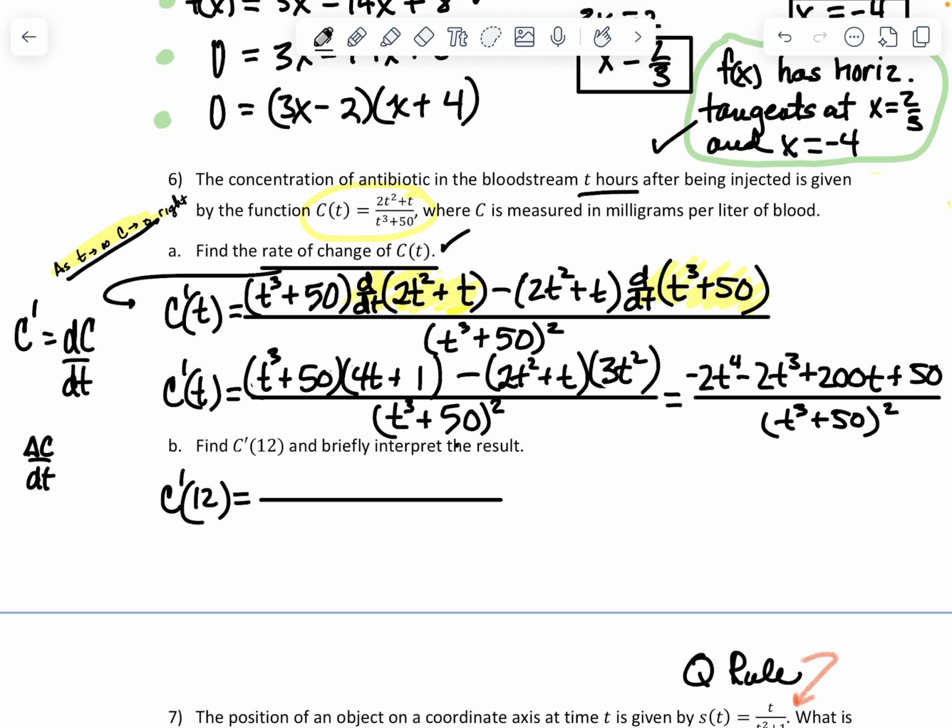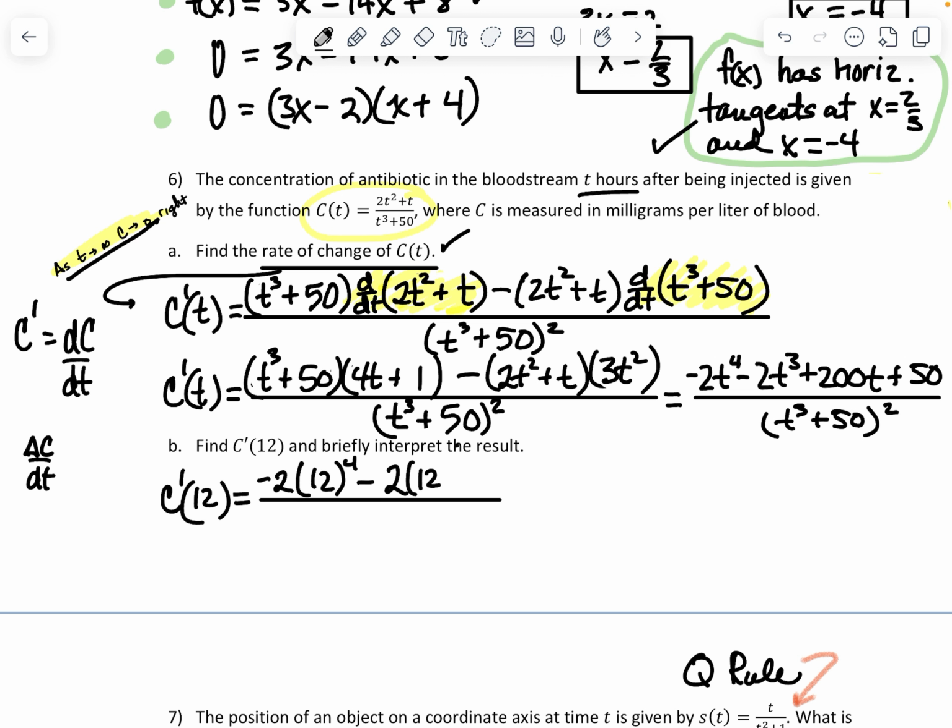And as it turns out, I'm not sure I really want to do the whole thing, but yeah, I guess I could. I'm going to plug it in. And then you could, of course, get your calculators out and confirm or verify when you do this. But I would take my simplified version and put in 12.